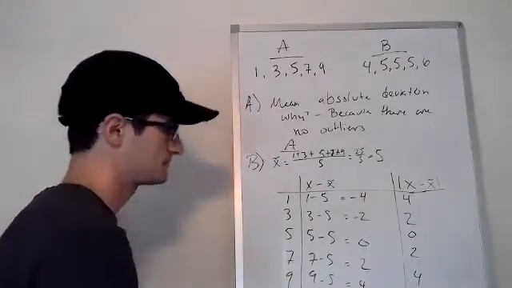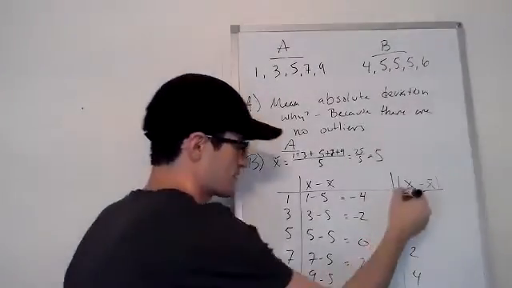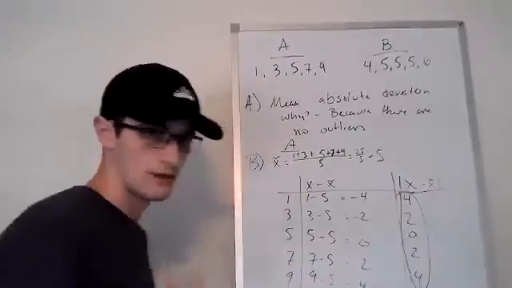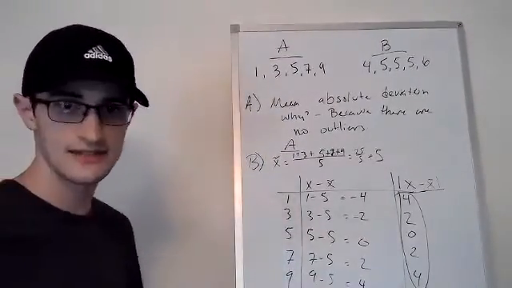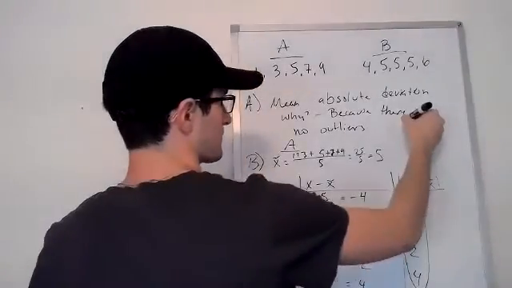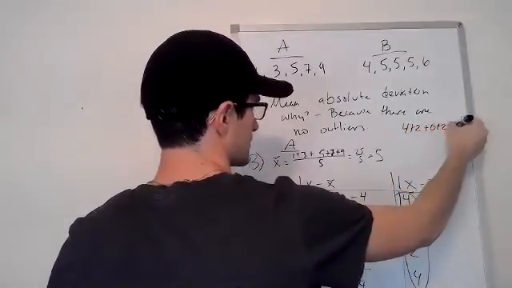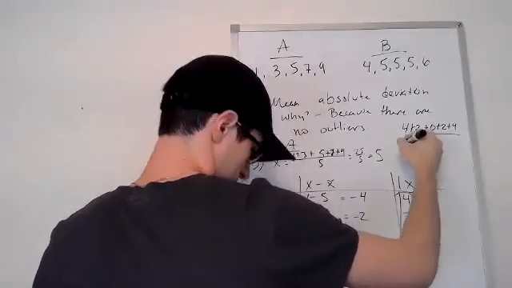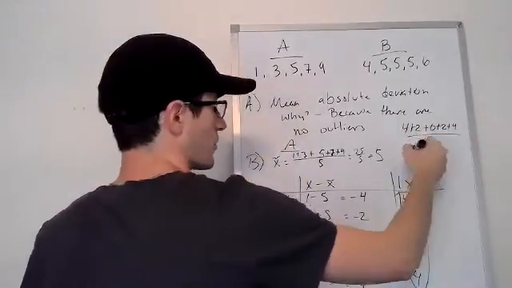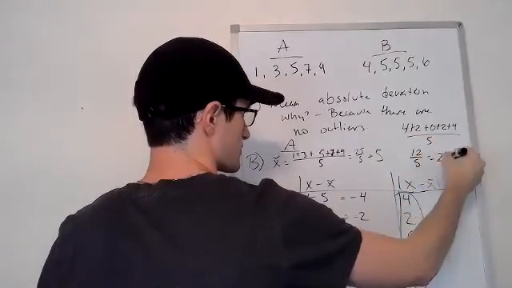One last step here. You take these, you add them up, and you divide by the number of numbers, so 5 in this case. So 4 plus 2 plus 0 plus 2 plus 4 divided by 5 is 12 divided by 5, which is 2.4.